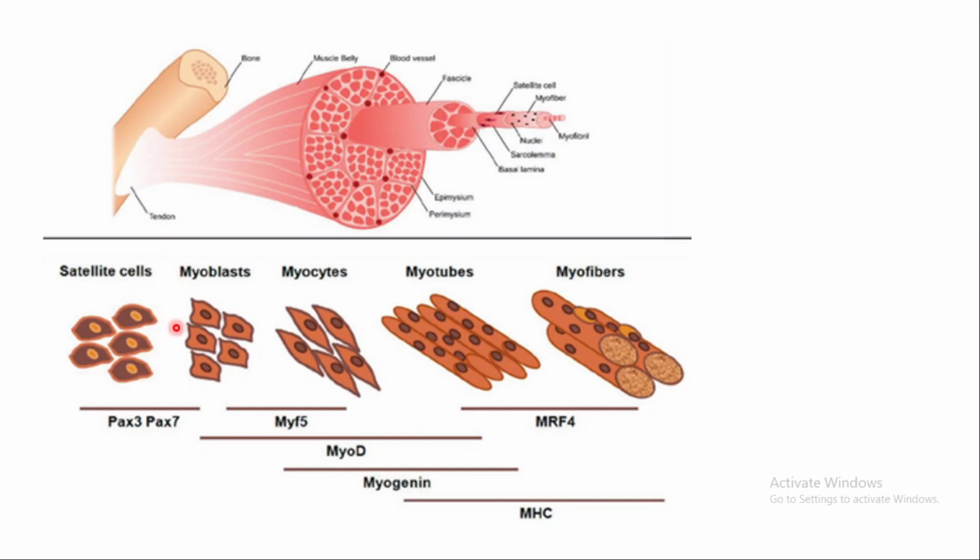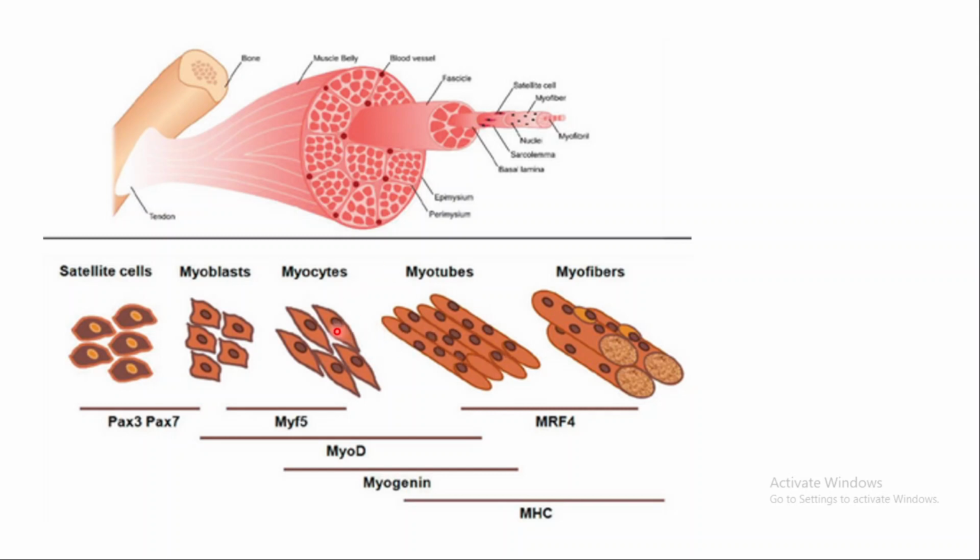If you see here, satellite cells are the ones that are present over the myofiber. They convert into myoblasts, which convert into myocytes. Myocytes aggregate and give myotubes, and these myotubes then aggregate and form myofibers. So myocytes are muscle cells which then accumulate, aggregate, and elongate to form myotubes, which are multinucleated.